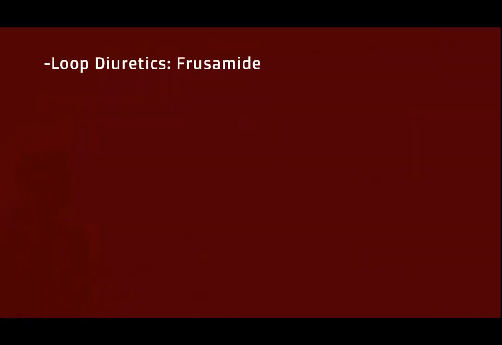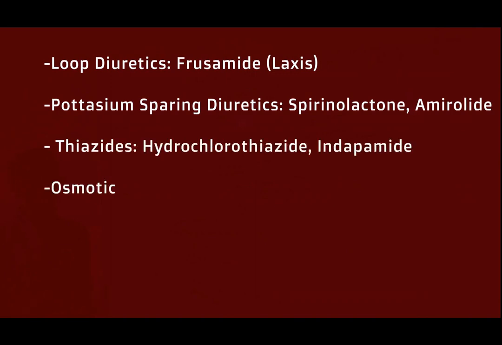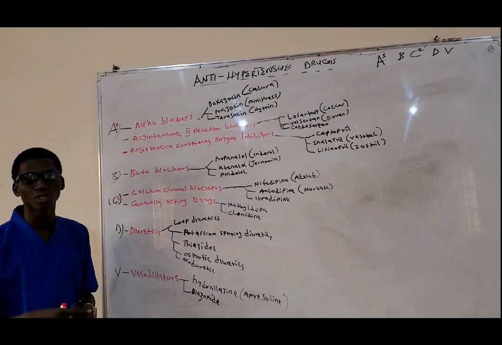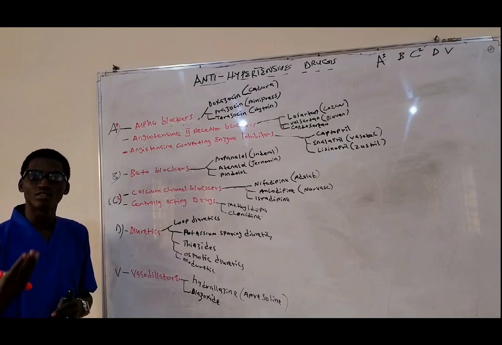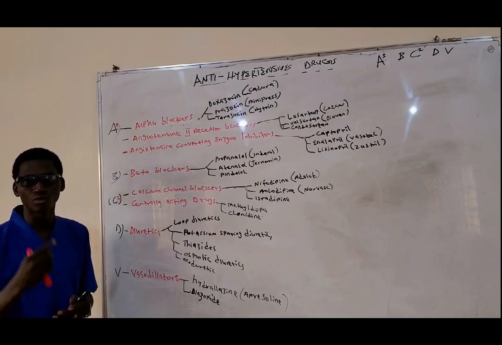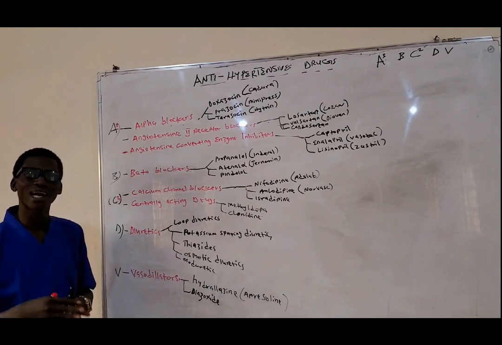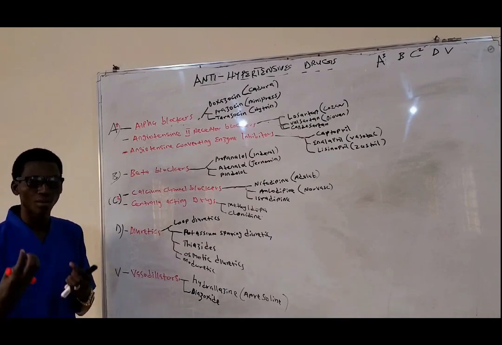Then we have the potassium sparing diuretics. By the time these drugs are administered to the body, what they do is to enable the retention of potassium and elimination of sodium. You know, sodium has a high affinity to water in the body, meaning it attracts much water. So it needs to be eliminated from the body to avoid increasing blood volume or fluid volume, which will increase blood pressure. The way in which sodium is eliminated from the body is by retaining more potassium.